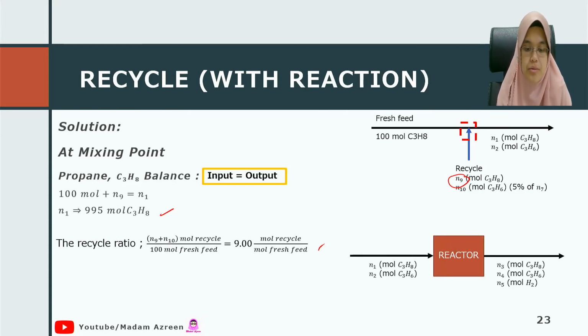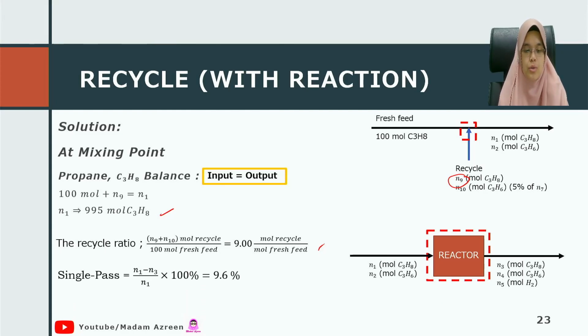So how about at your reactor? You still have unknowns, which are your N2, N4, and N5. So at the boundary condition of the reactor, you can calculate your single pass conversion. Remember the formula for single pass conversion: how much reactant goes into the reactor minus how much leaves the reactor, divided by how much is the input.